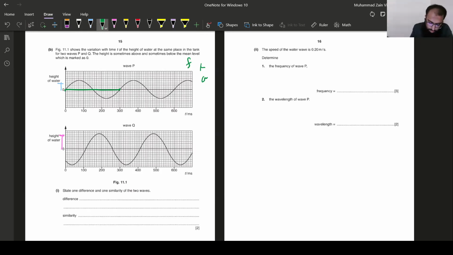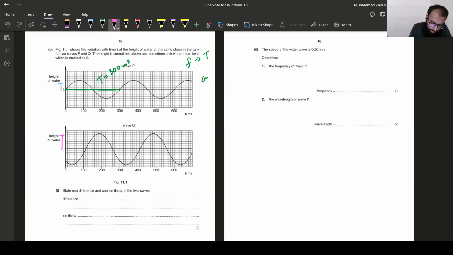I can't find the wavelength because I don't know the distance. Another way to know the frequency is through the time period. So the time period of this wave equals 300 milliseconds. So this is what I know.